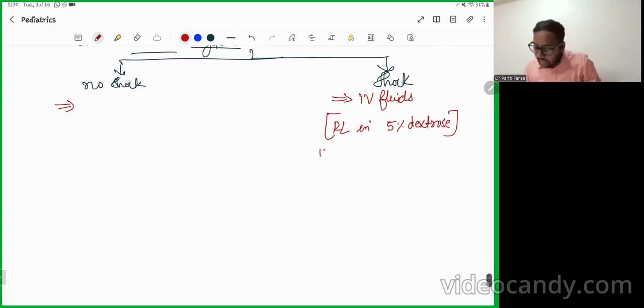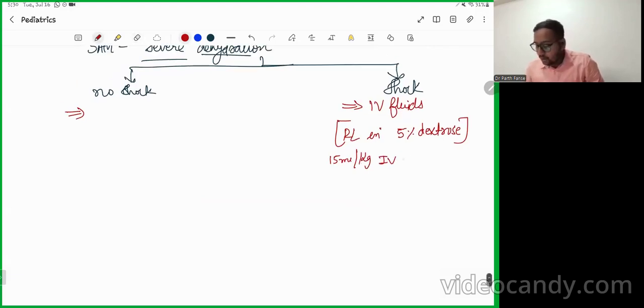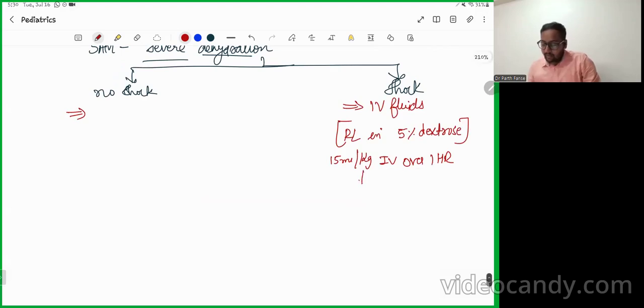It is 15 ml per kg IV over 1 hour, and then you should start Resomal.